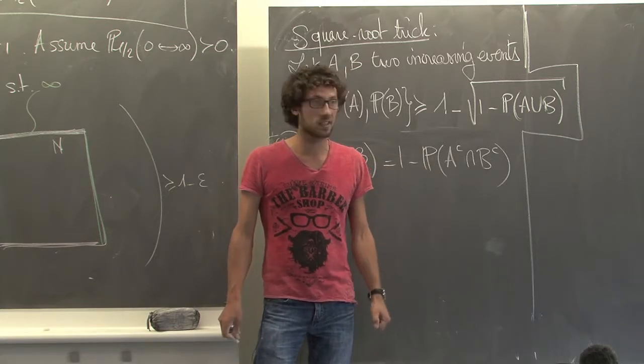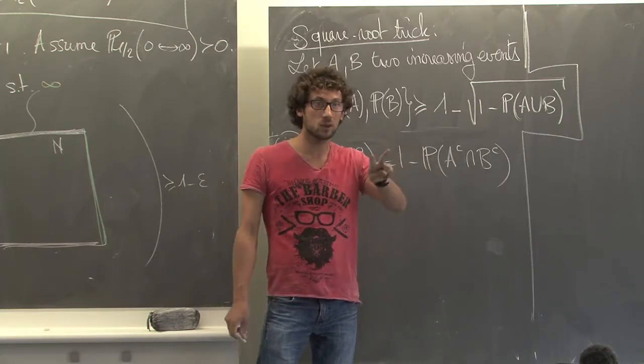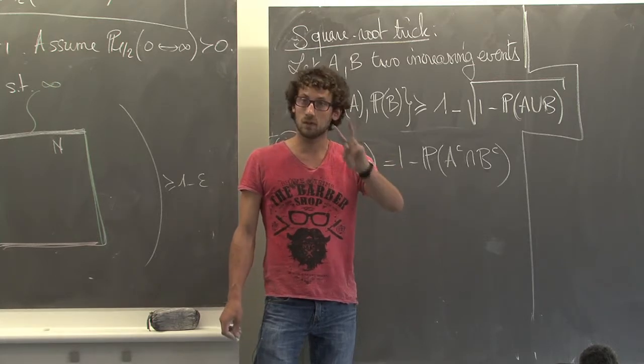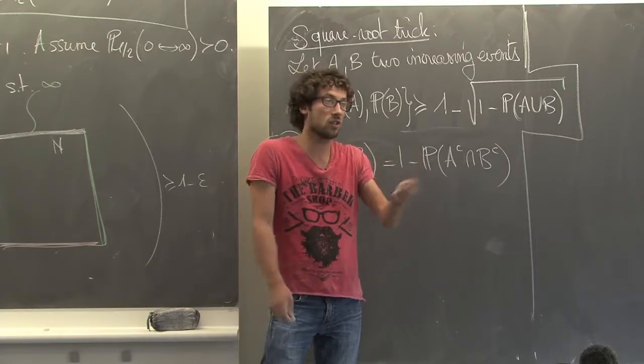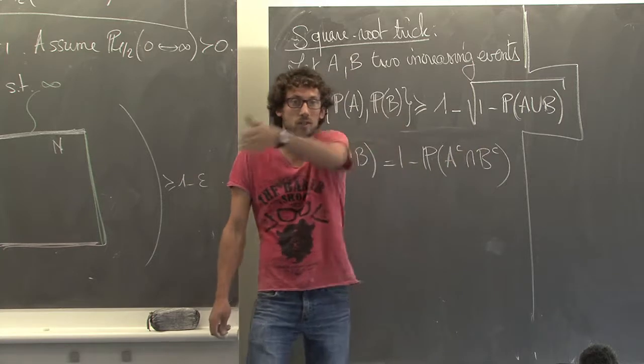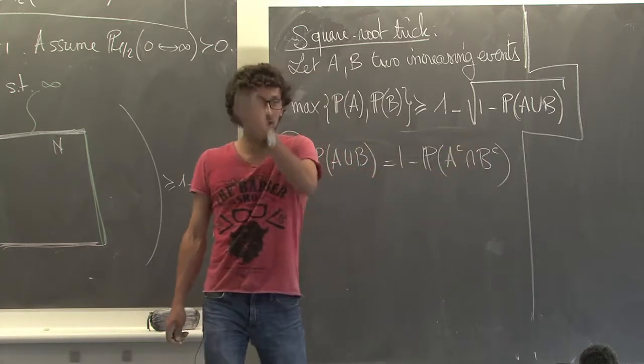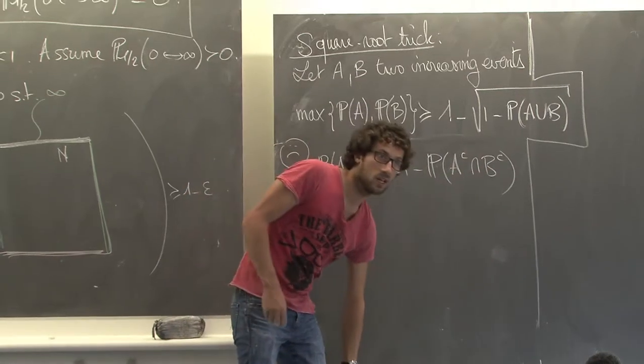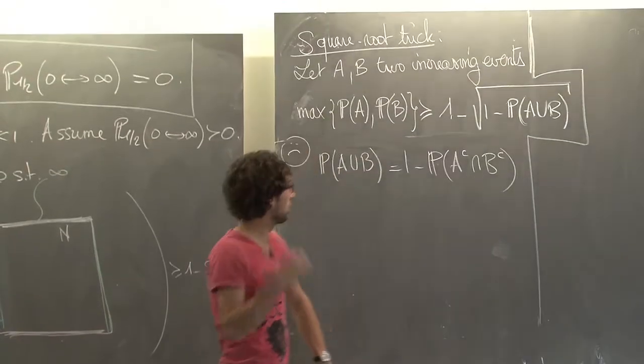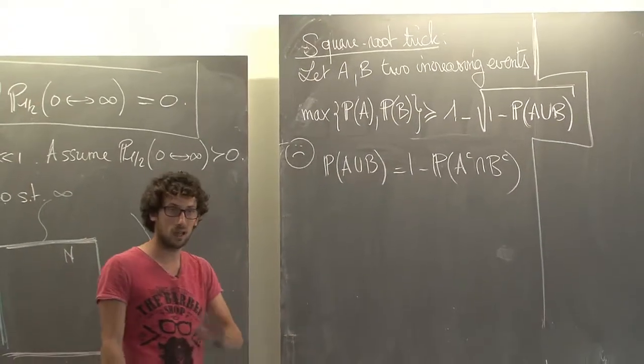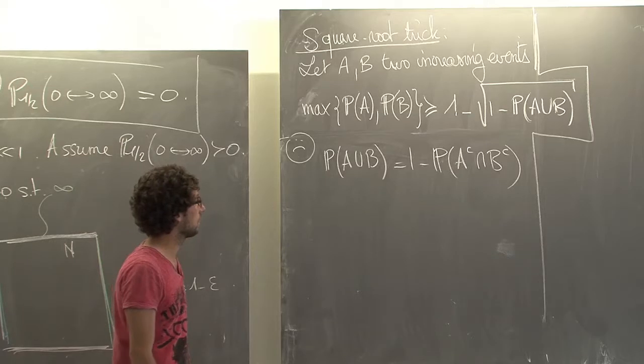So I leave it as an exercise. You use that it's 1 minus the probability, and you do the inequality, you are going to get the same inequality. It works for decreasing events as well as for increasing events.